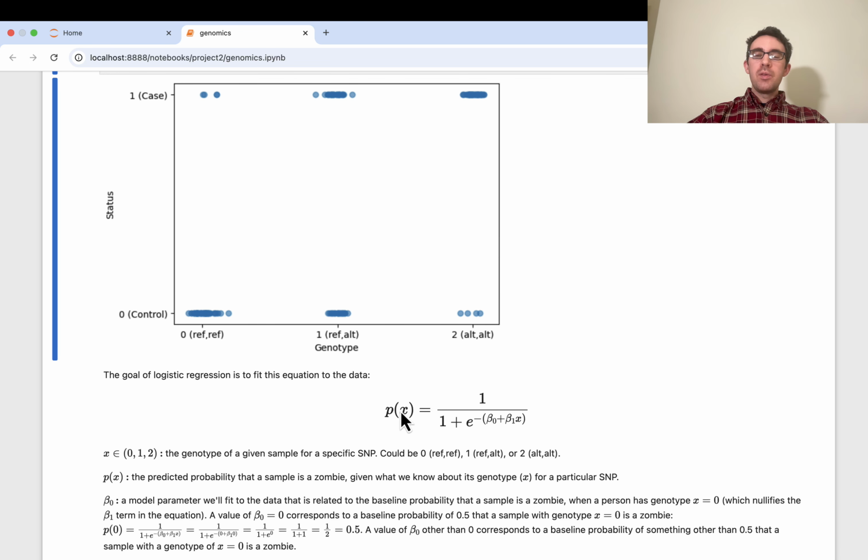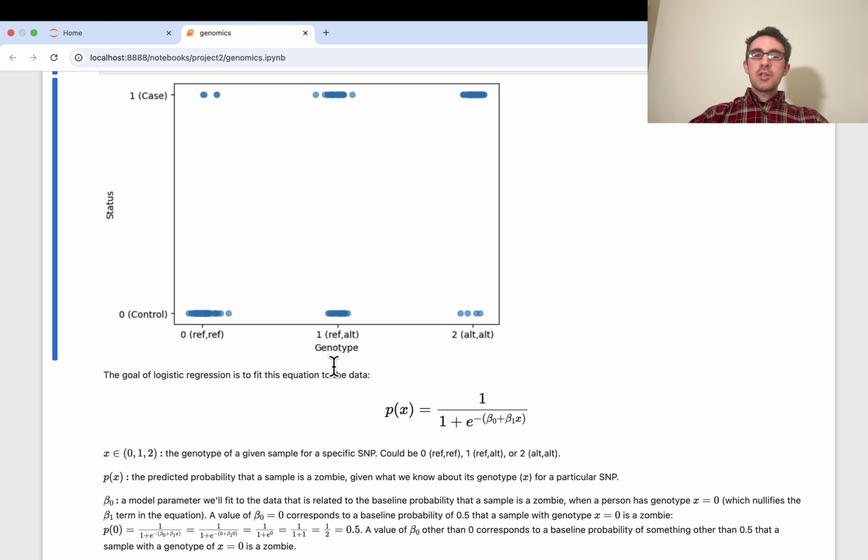So basically, the goal of this function is to take as an input the genotype, meaning whether they have 0, 1, or 2 copies of the alternate allele, plug that into this math equation, and then get as an output a prediction about the probability that that person is a zombie or is a case, given what we know about their genotype.